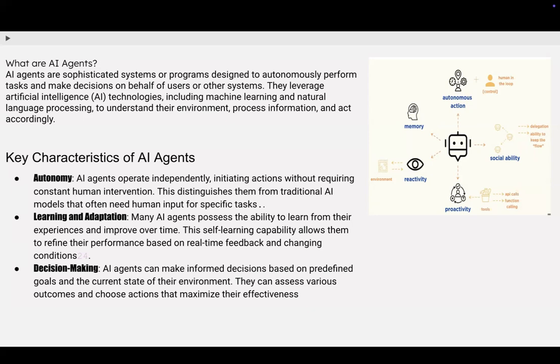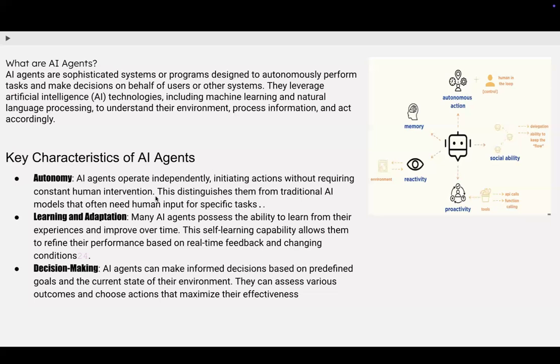However, AI agents are smart. Depending upon the type that you have created, they can learn and take decisions without being coded. That's the main difference between an AI agent and a microservice.